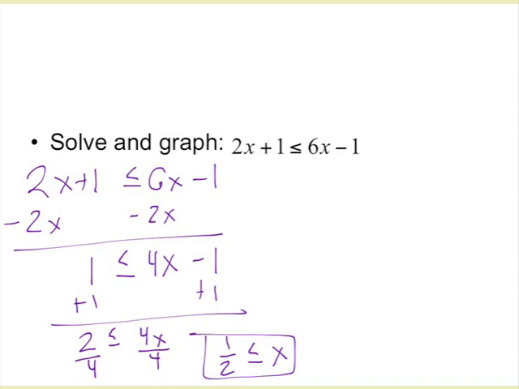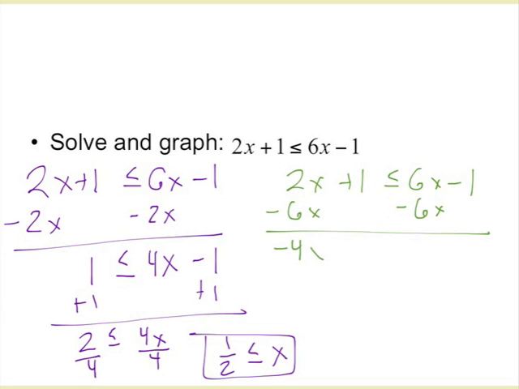Another way of solving this problem is to always move your variables to the left. So I would then begin by subtracting 6x. That would give me negative 4x plus 1 is less than or equal to negative 1. Then I'm going to subtract 1.